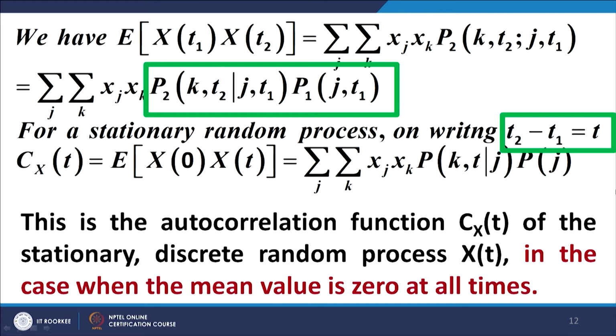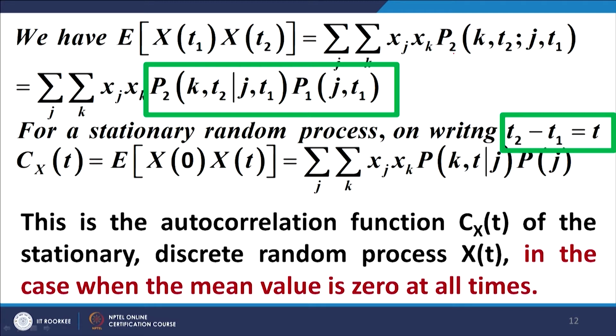And as you can see on the right hand side, in the case of discrete processes, it represents the summation over j and k of all possible realizations of the stochastic process at t_1 and at t_2, together with the 2 time joint probability of the process being in state j at time t_1 and the process being in state k at time t_2. That is what is called the correlation function.